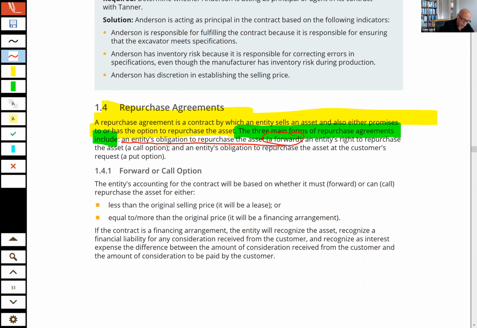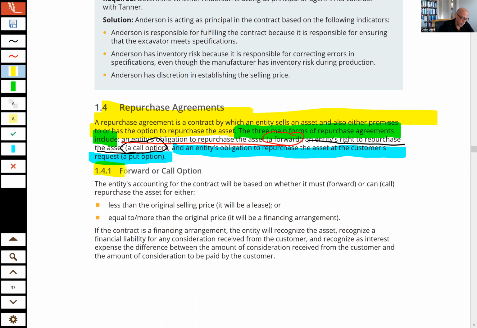Or an entity has the right to repurchase. And if I have the right to repurchase, that is called a call option. And if the customer has the right to require me to repurchase at the customer's discretion, then that is called a put option. Okay, so 3 different opportunities here.